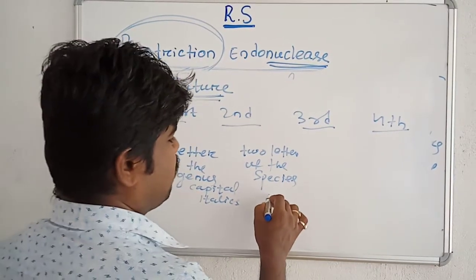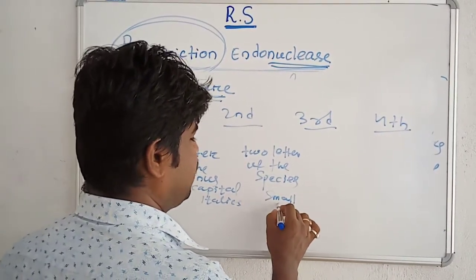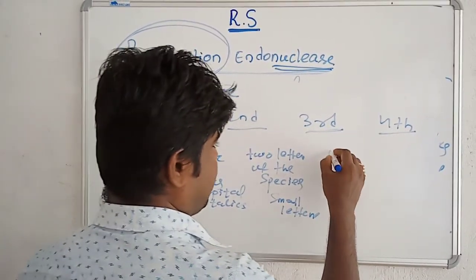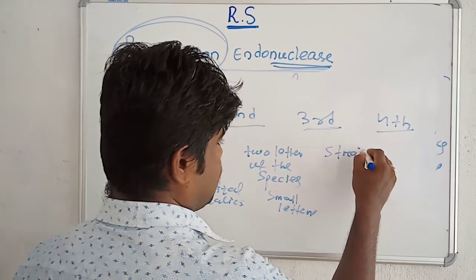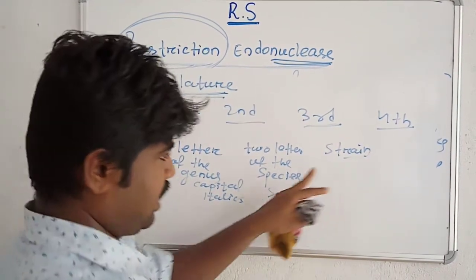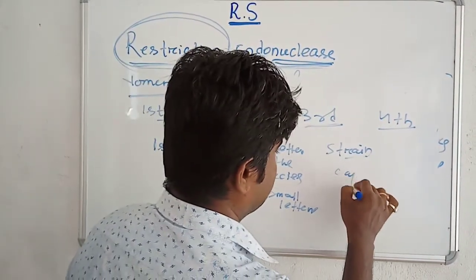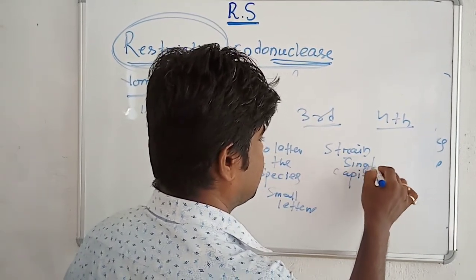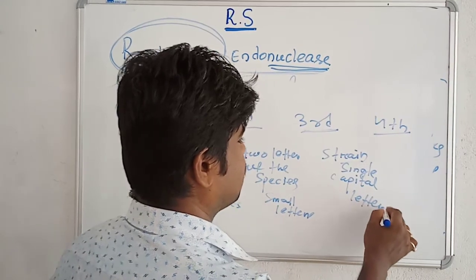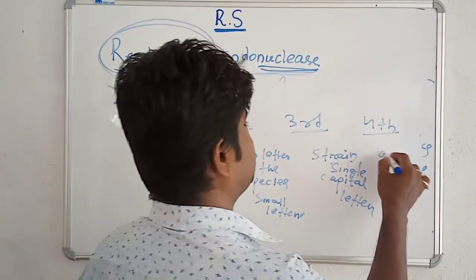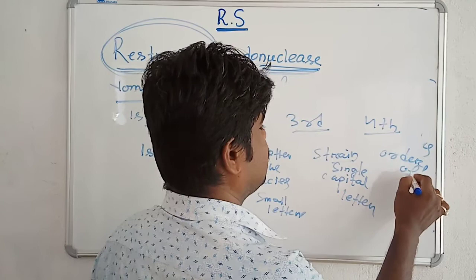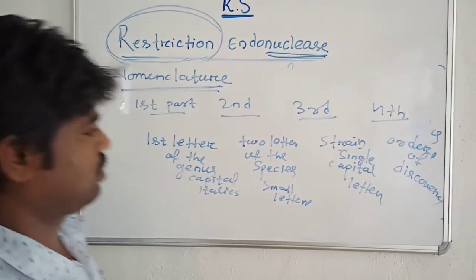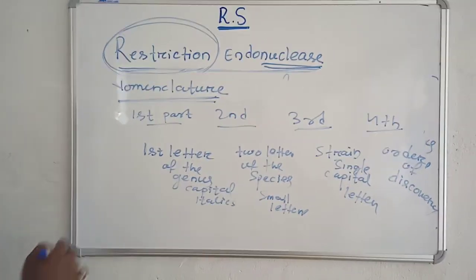It is written in small letters, also in italics, right? And the third part is the name of the strain, written as a single capital letter. And the fourth part is the order of discovery, right?